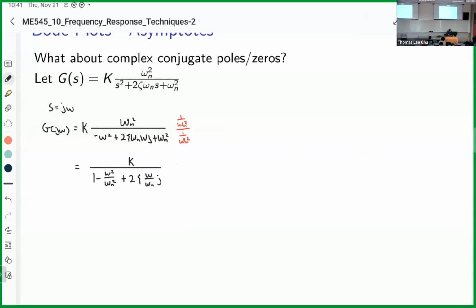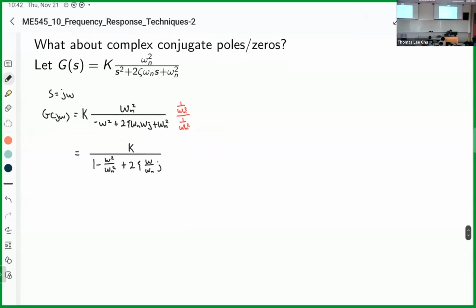The magnitude of G of j omega is equal to, here we're going to assume that K is positive, gain's always going to be positive, so we just get K in the numerator, divided by the square root of (1 minus omega squared over omega n squared) squared plus (2 zeta omega over omega n) squared.